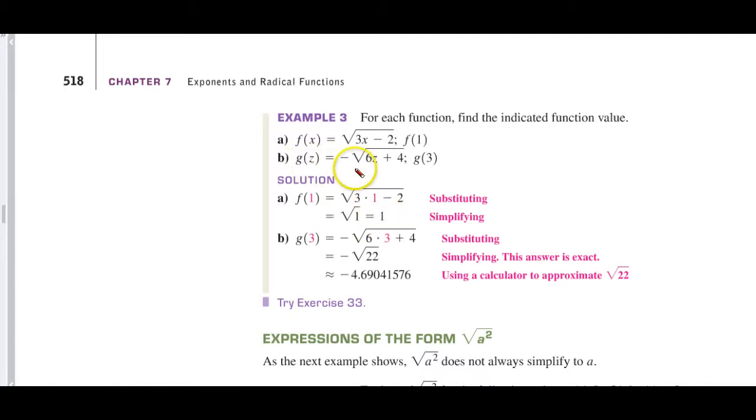And then here in this function, where the z is, which they're evaluating as 3, we go 6 times 3 is 18, plus 4 is the negative square root of 22. That would be the actual answer.